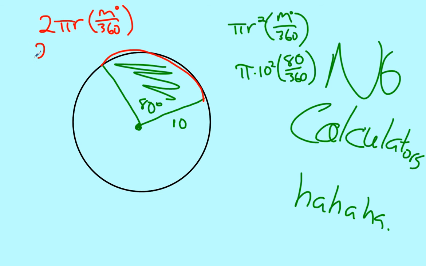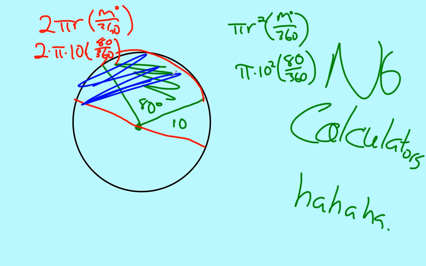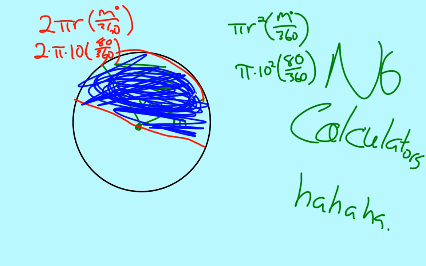So this would be 2 times pi times 10 times 80 over 360. Okay, that's about it. And the other thing you need to recognize is that if we say semicircle, it is not an arc length. A semicircle is the entire half of the circle, which means finding a sector.